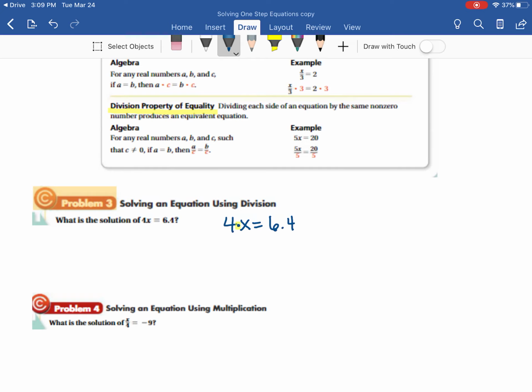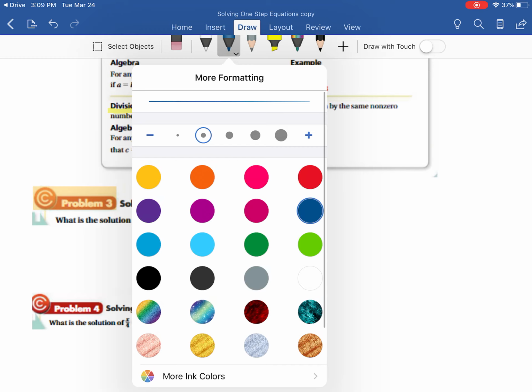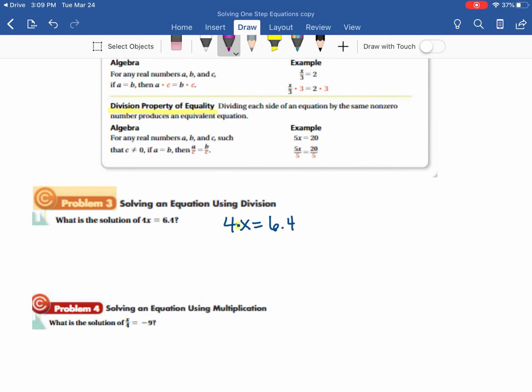To solve, since that's multiplication, I want to use the inverse operation, which is division, so I want to divide both sides by 4. These are going to cancel out. It's going to be 1. Because I'm using multiplication, I'm using the multiplicative inverse, and remember that the multiplicative inverse has a value of 1.